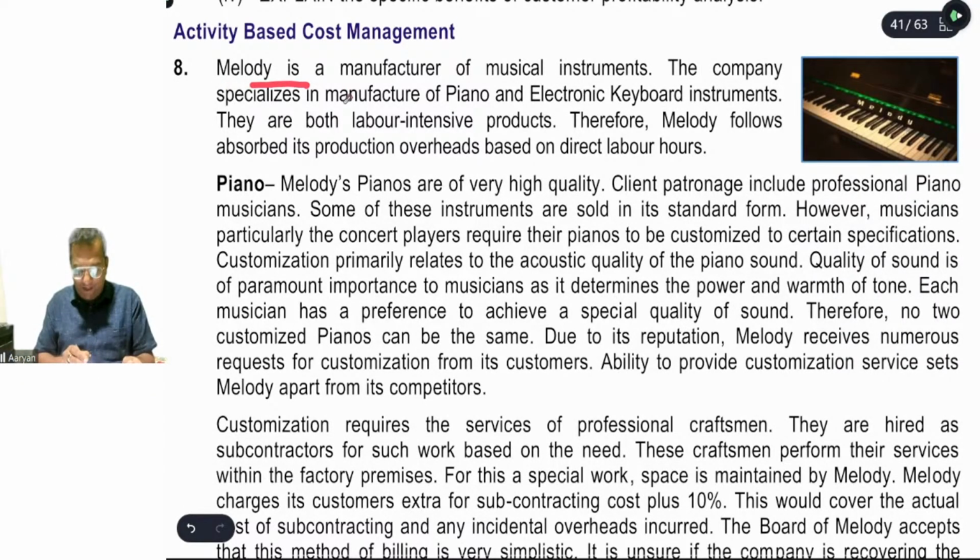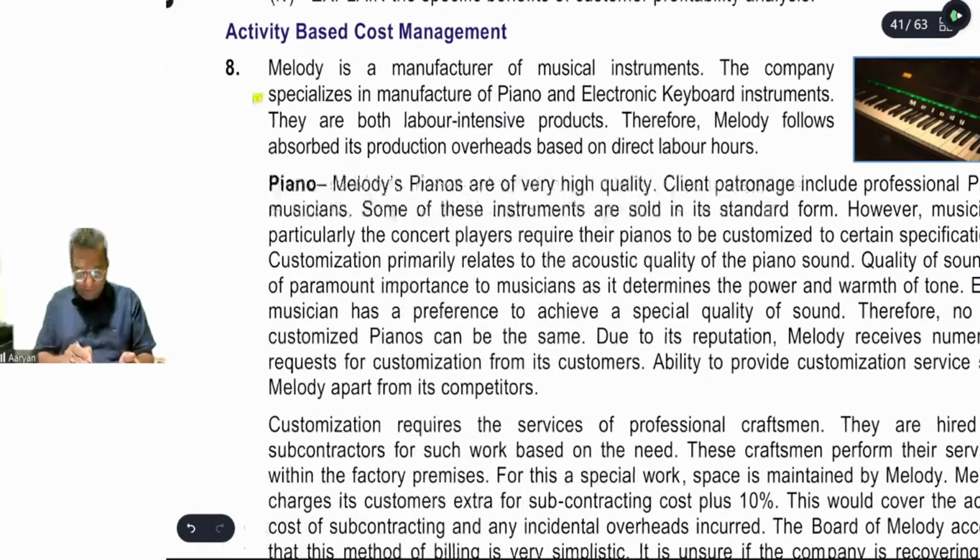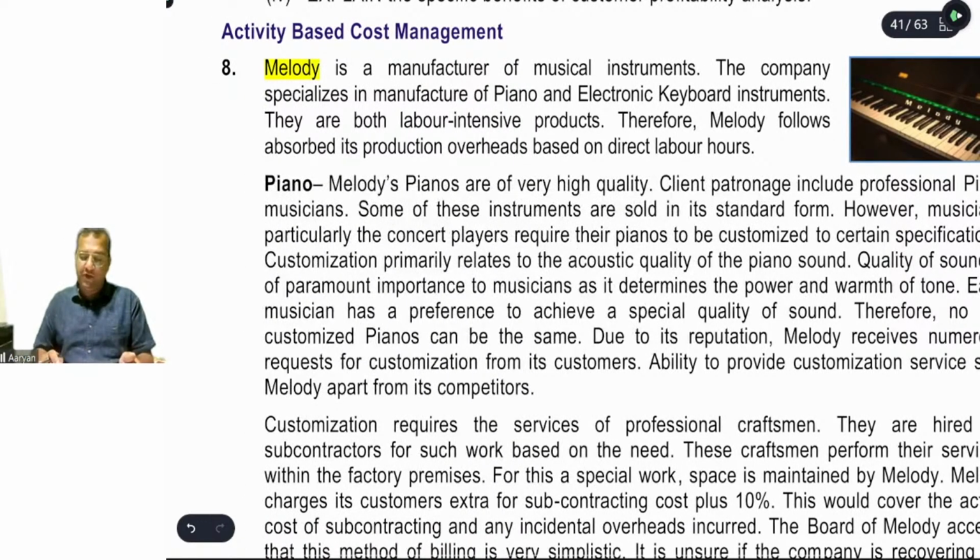Melody is a manufacturer of musical instruments. The company specializes in manufacture of piano and electronic keyboard instruments. So the name of the company is Melody. They are manufacturing musical instruments.